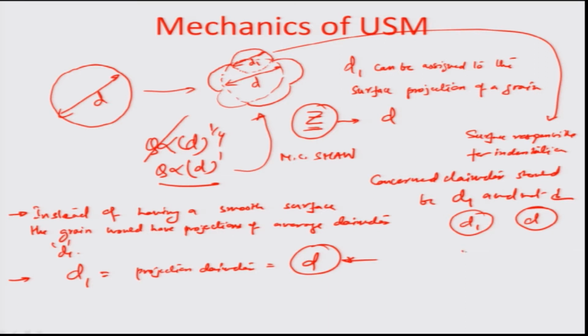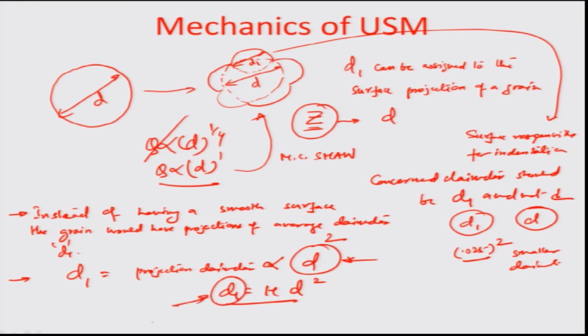So, it could be something like, let us say 25 microns for example, so it is 0.025 millimeters, and squaring that would result in a much smaller diameter. So, typically this projection diameter d1 is a much smaller value, which would be equal to mu times d square, where d is the average diameter of the grain.